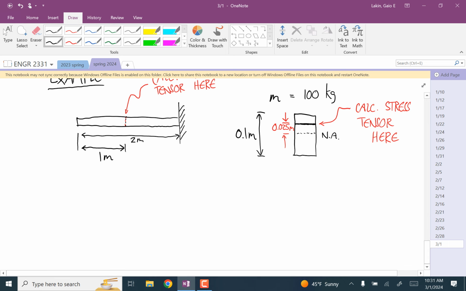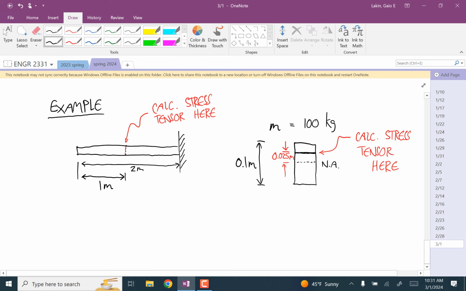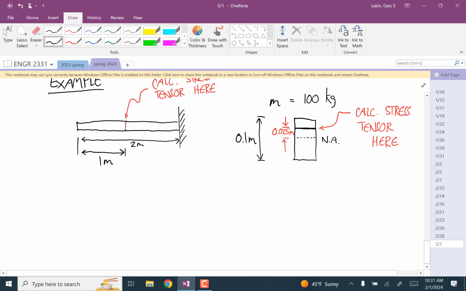Since we're only doing it at one x value, I'm not going to do a general cut. I'm just going to do the cut right at that point. So our cut is just going to be for x equals 1 meter.